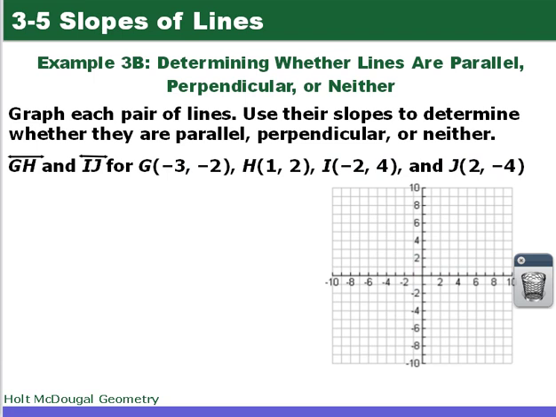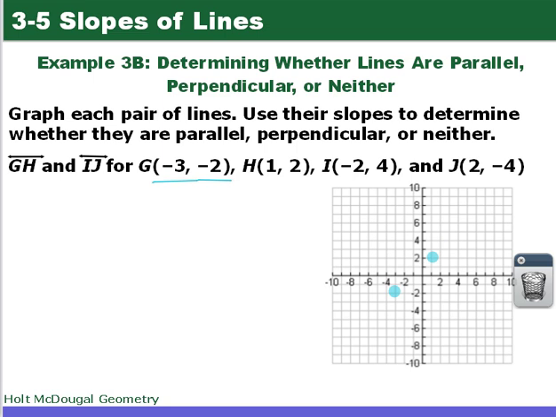Okay, here's another example to determine whether the lines are parallel, perpendicular, or neither. So we have line GH, and G is at the point -3, -2. G is there. H is at the point 1, 2.